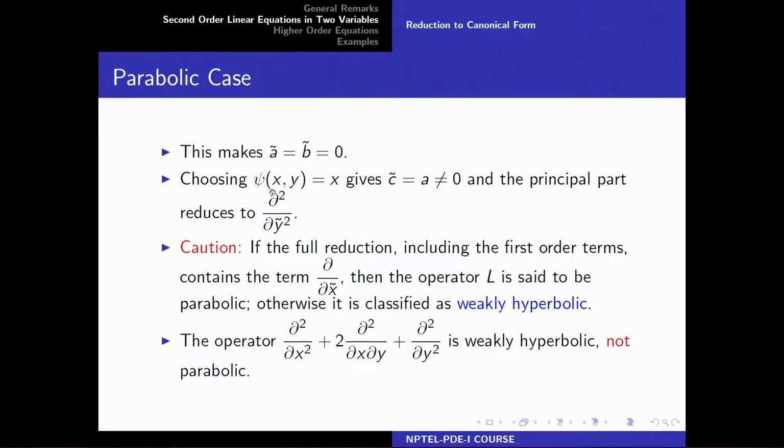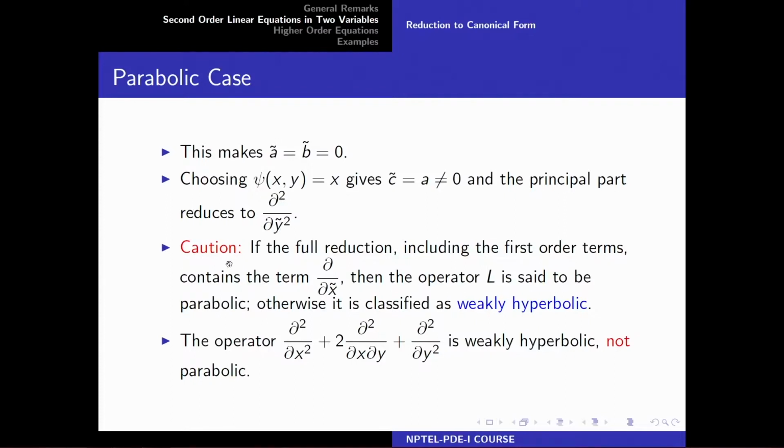Okay. We will see in some examples. Okay. And the important thing is the coefficient of c tilde is not 0 and that gives me del square divided by del y tilde square. Okay. So, again, this is a caution.